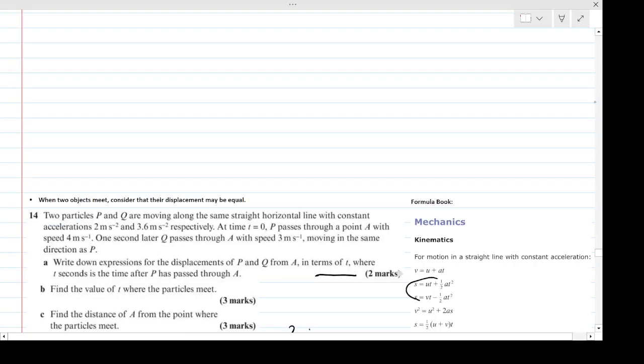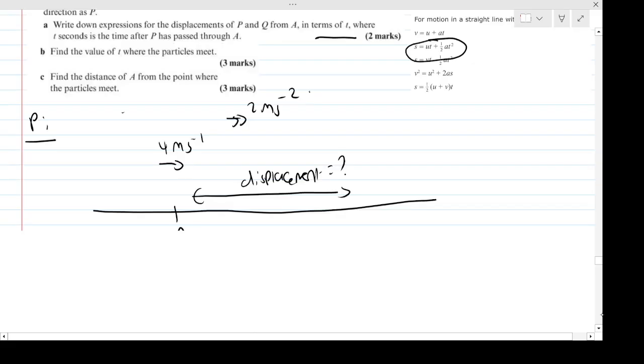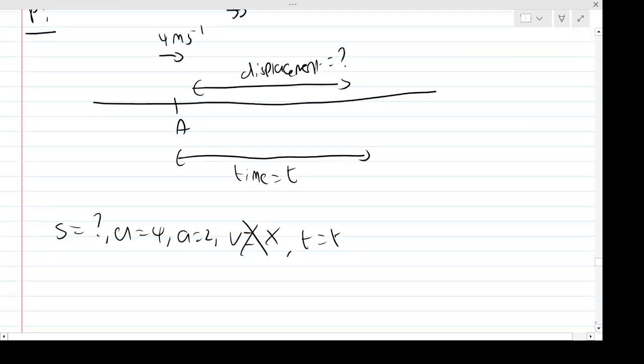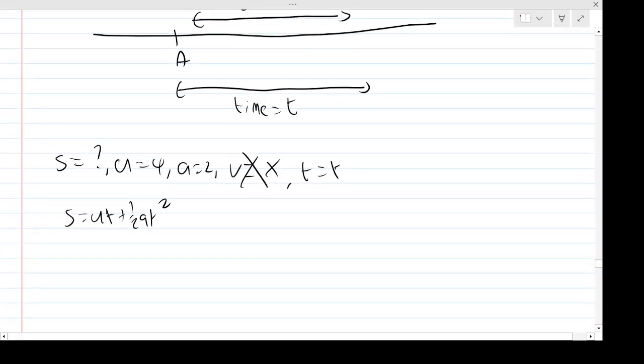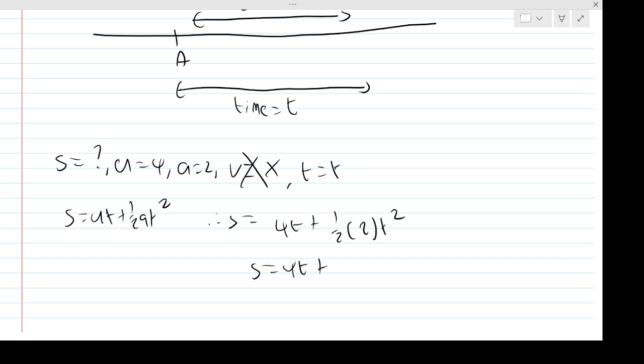It's going to be S, this one here. S is ut plus a half at squared. So if I substitute my values in, S is going to be 4t add a half lots of 2t squared. So if I simplify, I get 4t add just t squared. Okay, cool.